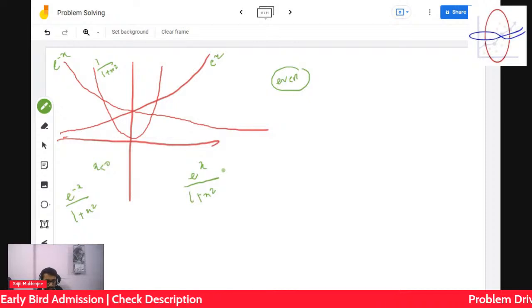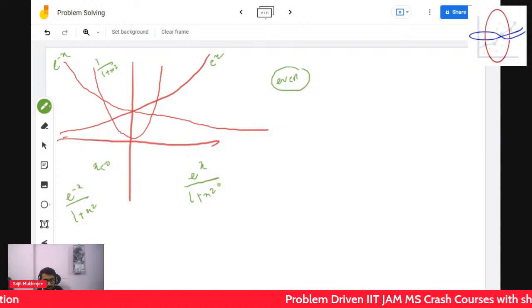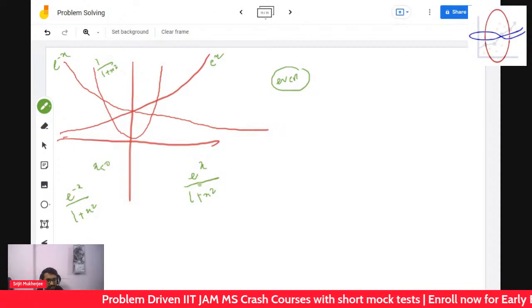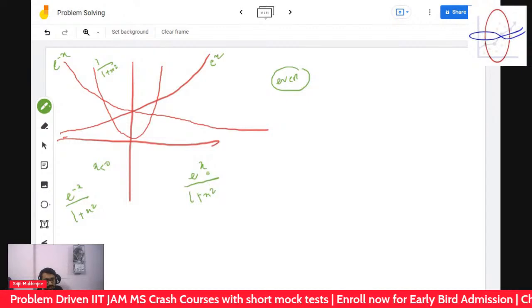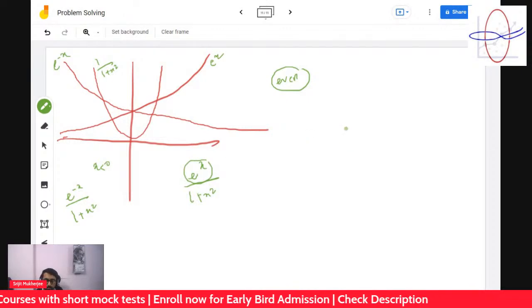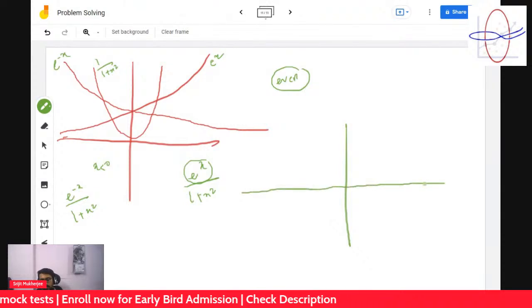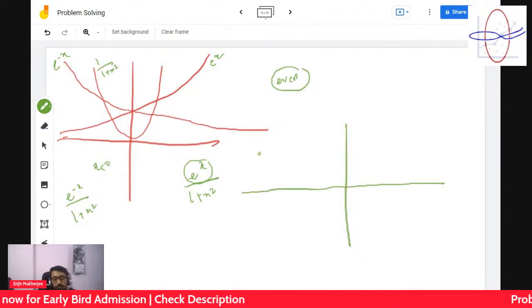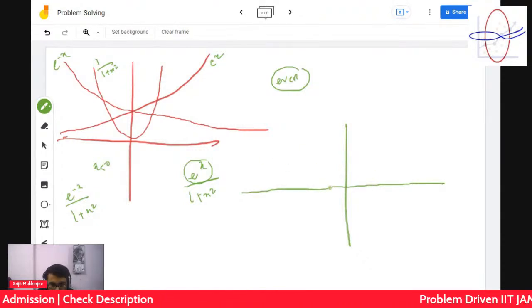So the question is how the whole thing happens. That's the main question. We know this goes up. My belief is that it will go like this.